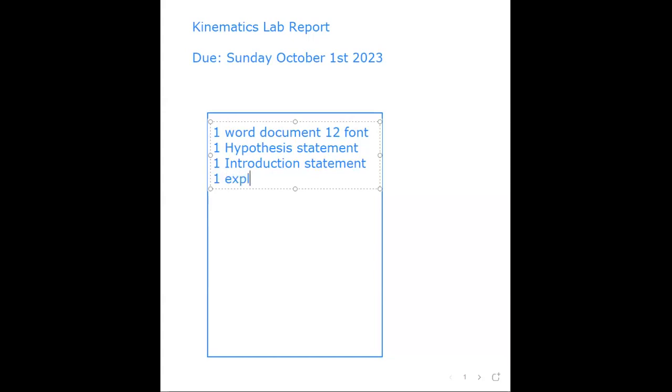So this is the body of your lab report, one observation statement. And then one conclusion statement. So pretty simple. It's not hard.